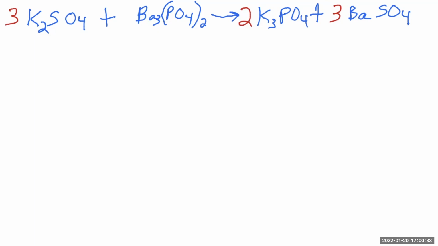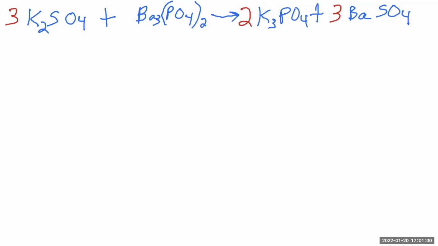Why? Because phosphate has a 2, and there's already a 2 there. Would it be good now? Sure would. That's a balanced equation. You got it. Very good.